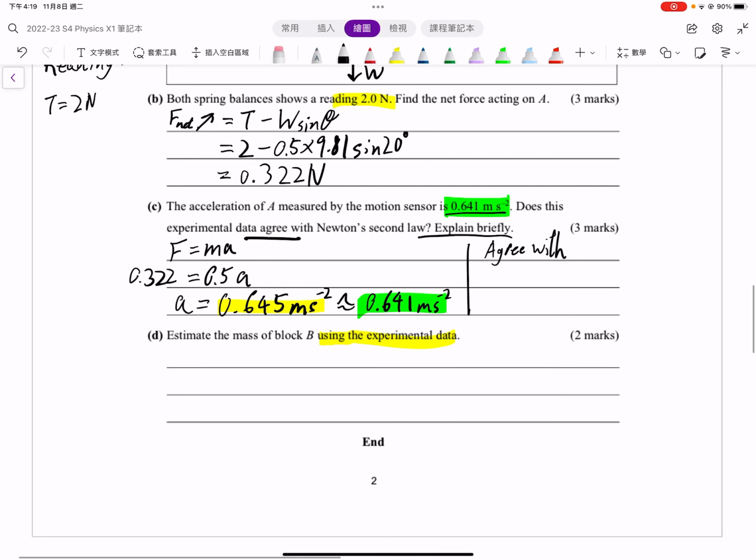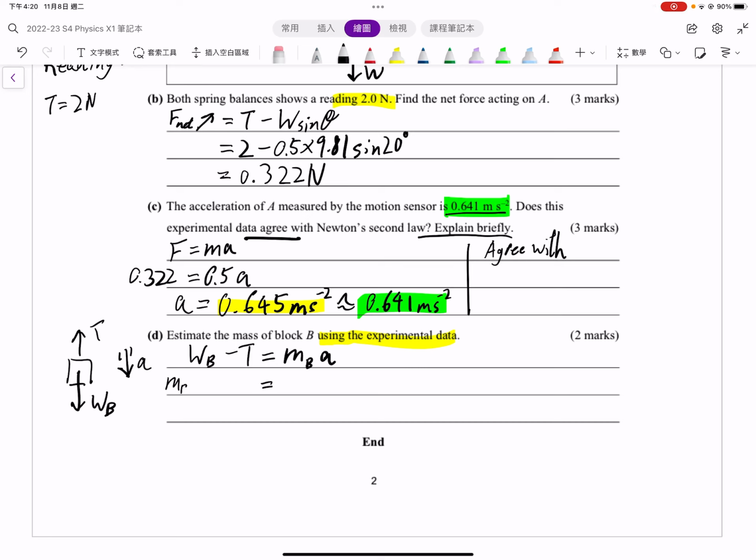Okay? So estimate the mass. You can consider B, that is the weight of B. This is the tension. The net force is downward now. So weight of B minus T equals mB times a.